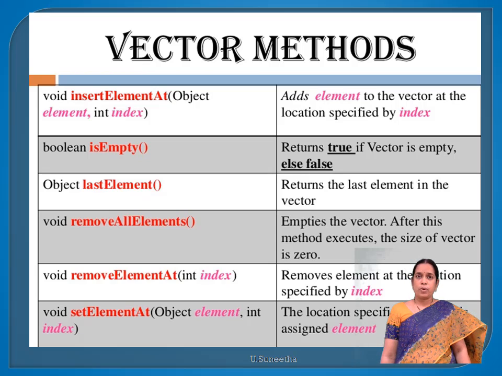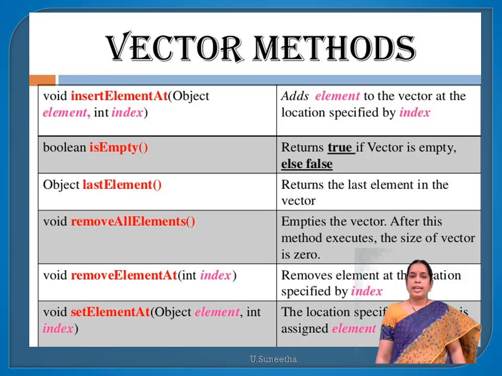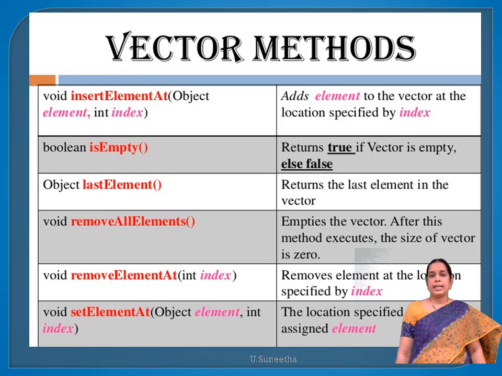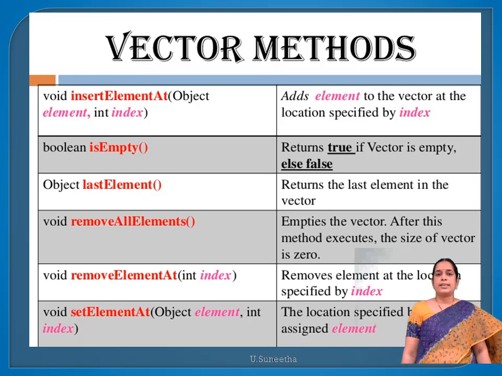If we want to remove all the elements of the vector, we use this method. The next one is removeElementAt. This method takes the parameter as an index, and the element at that particular index will be removed. And the last one is setElementAt. At a particular index, we can set an element.